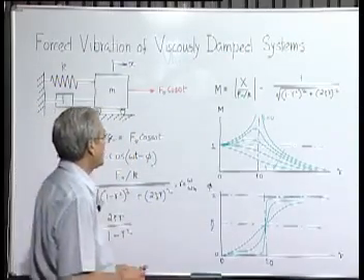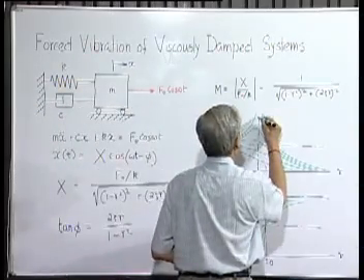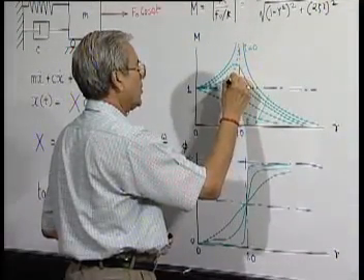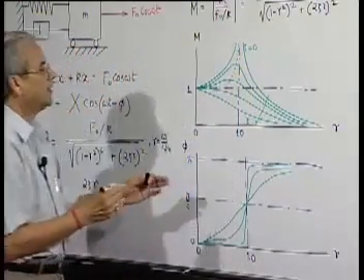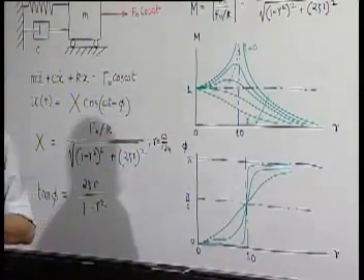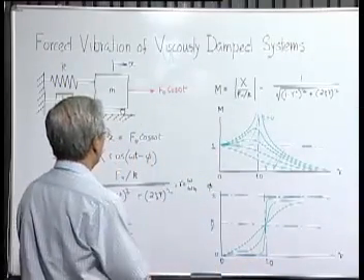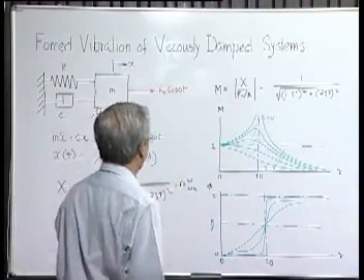We have noticed one thing here, that the peak value of the response or the magnification factor is not at r equal to 1, as it was the case in the undamped situation. So, let us find out where this peak will take place.